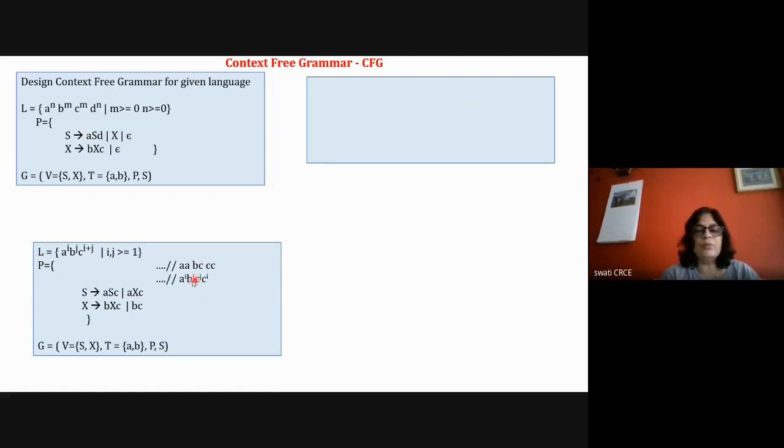So B and C will be grouped together. The number of B's is equal to the number of C's, and the number of A's is equal to the number of C's. So I can write the rule ASC, and if I is equal to 1, then it will be AXC, and then X is going to generate B and C at least once or more than once with application of the recursion.